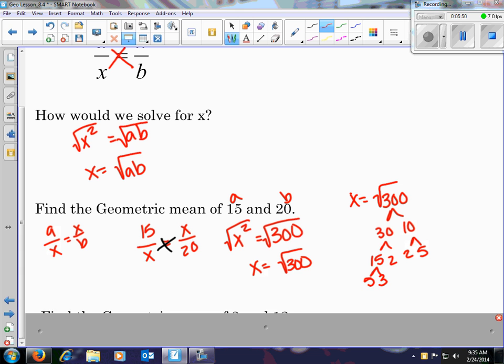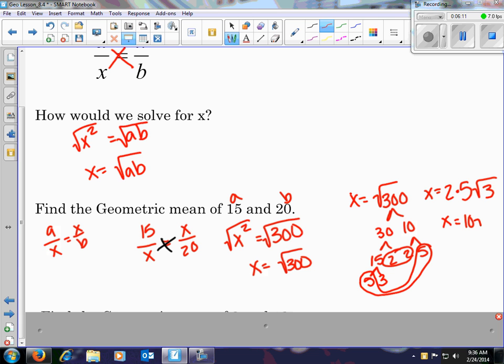So I have a group of 2's. They can come out front. So now I have X is equal to 2 times, and then I also have a group of 5's. So 5's can also come out front. And then the square root of my leftovers, which is my 3. So my answer is X equals 10 radical 3.